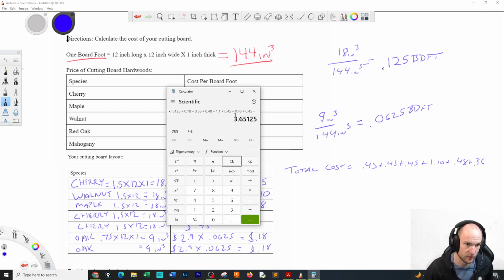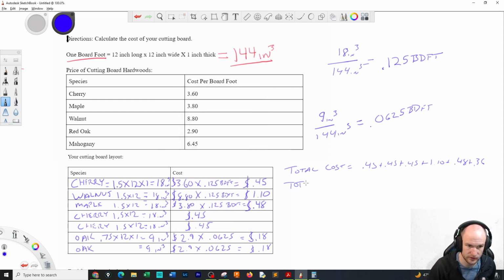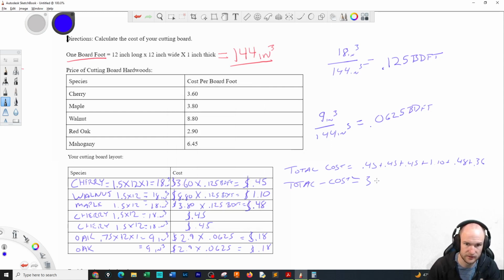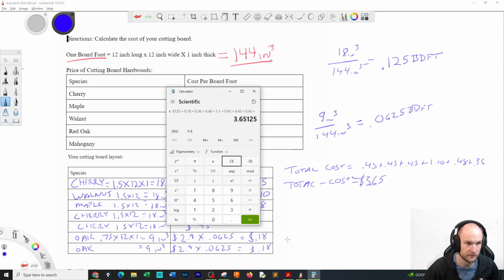And this cutting board with this particular flavor has a total cost, if we look down here, of $3.65. And I've got extra decimal points in there, and I wonder where they're from.